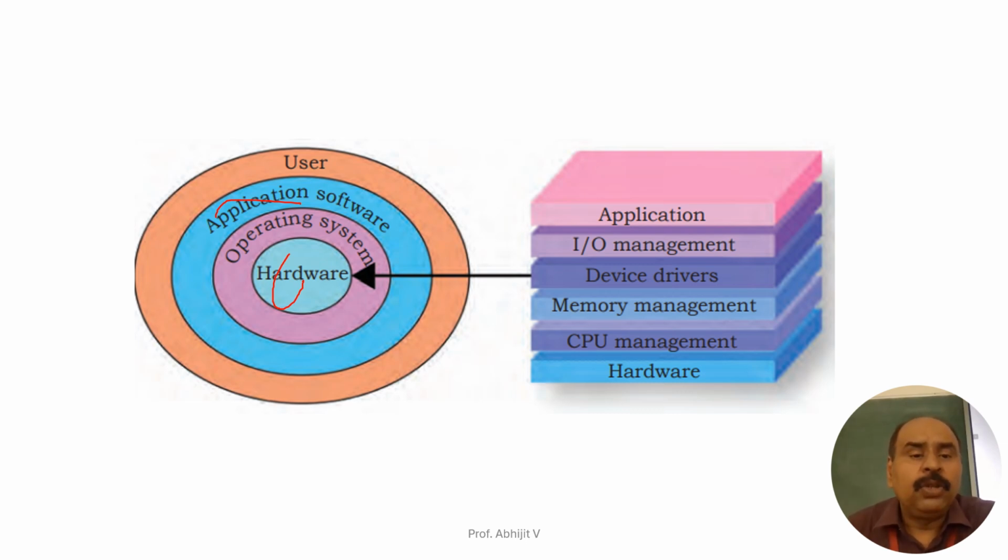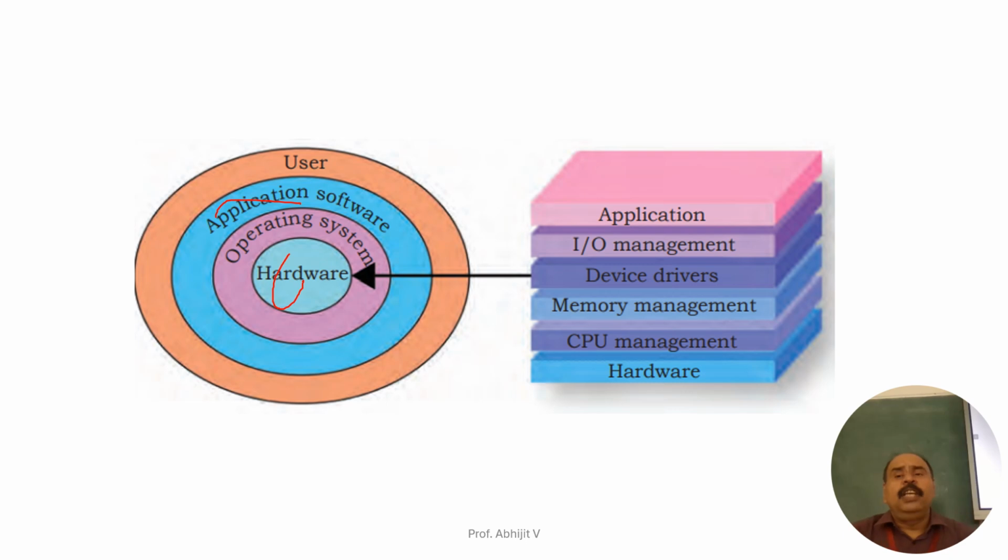So we have this kind of layer-wise arrangement, where the hardware is at the lowest layer, and then the operating system, which manages the processor time, memory management, device drivers, and input output management, and finally the user layer, which is called the application layer.